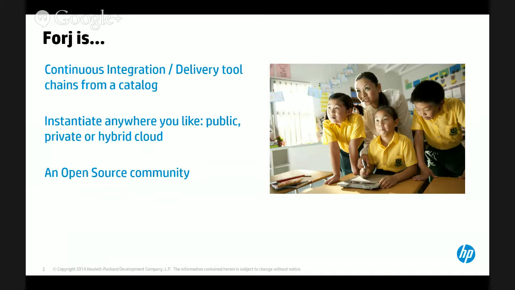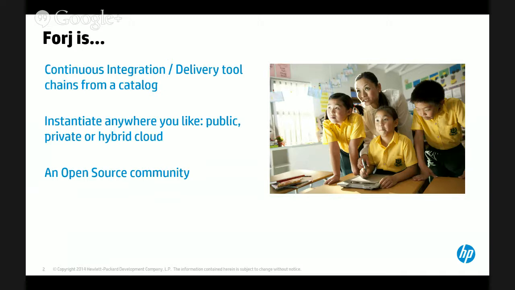Those CI and CD stacks can be instantiated anywhere you like. So the idea is that with Forj, you are not tied anymore to a SaaS offering or an on-premises offering, a set of tools that you install for yourself or that you let someone else, a third party, install for you and run for you. Here you have the choice.